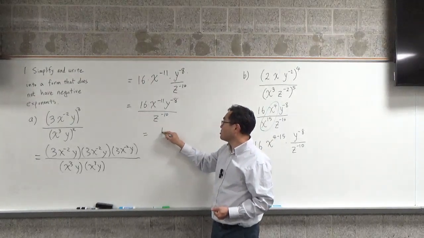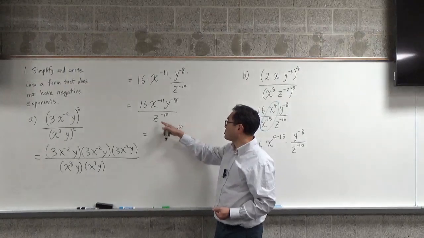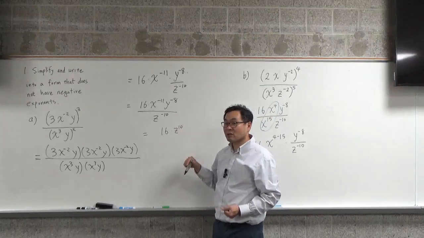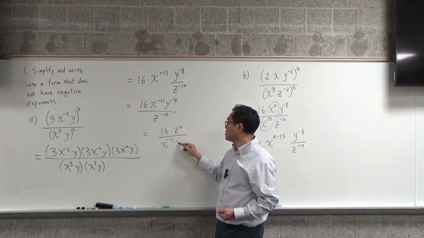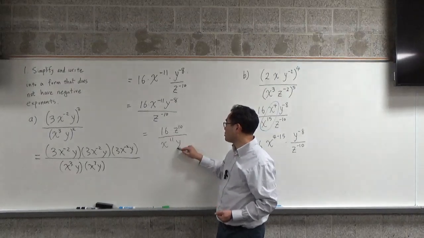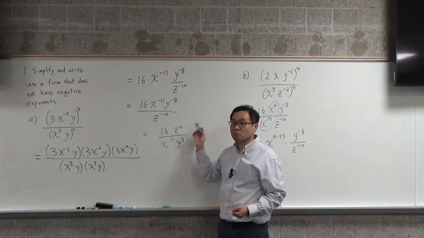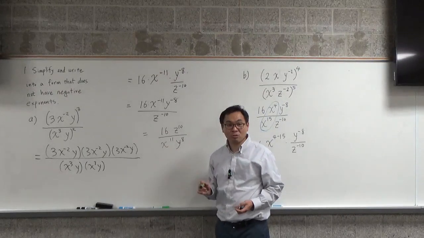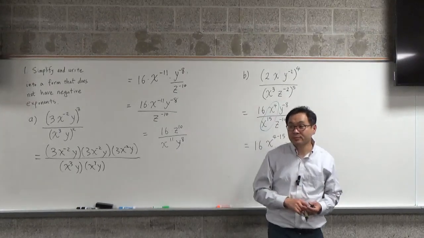So you have 16 times z to the 10th power. This was in the basement, now it went above ground with a positive exponent, and then you have x to the positive 11 and y to the 8th power. Now all of these exponents are positive. It's as simplified as you can do. There's nothing more to simplify, so that's the answer to part B.